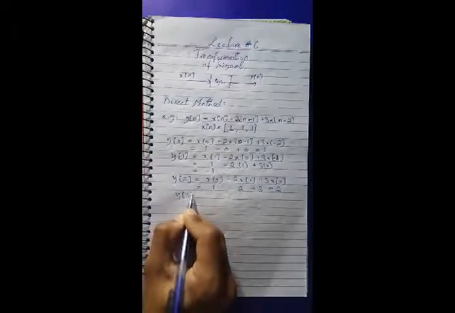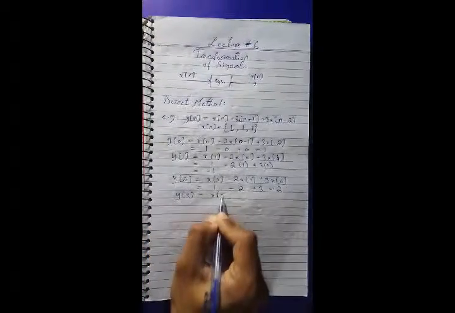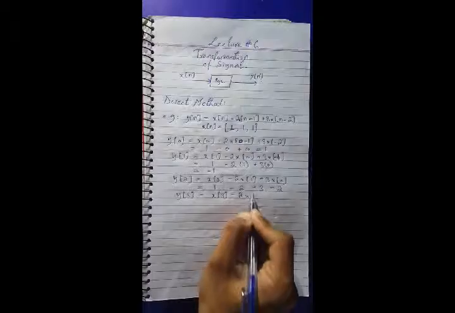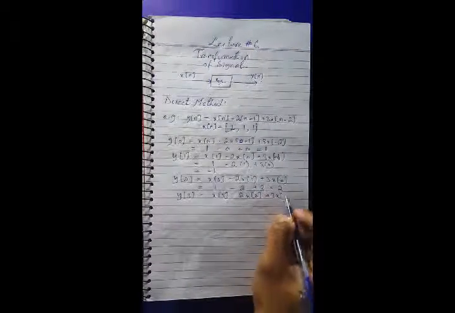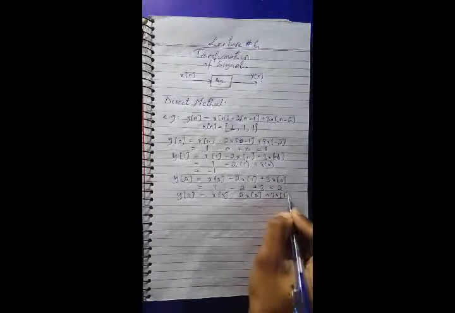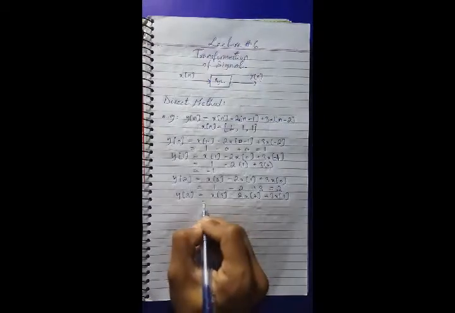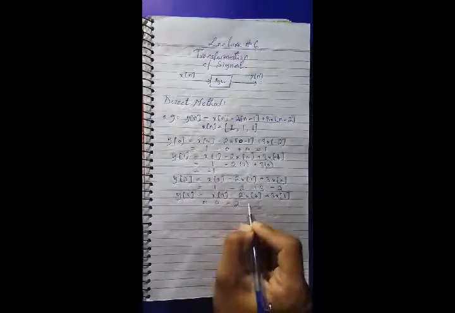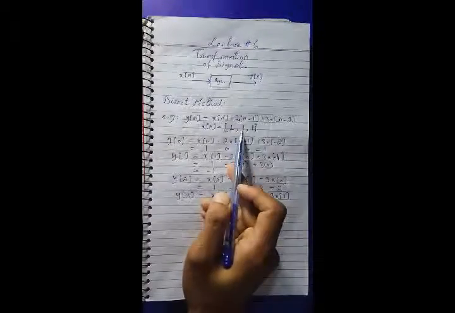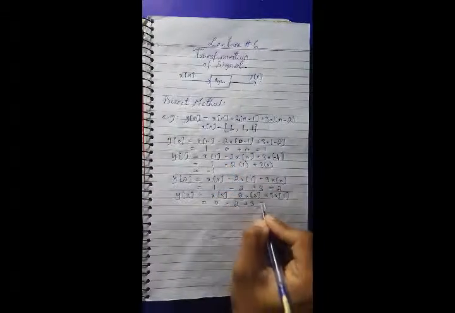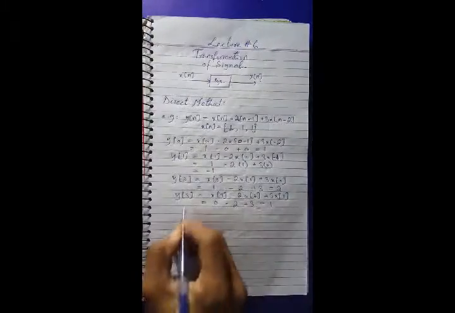Now y of 3 is equal to x of 3 minus 2 into x of 2 plus 3 into x of 1. At x of 3 we have 0, so 0 minus 2 plus 3, because at indices 2 and 1 we have 1, 1. So we get 1.